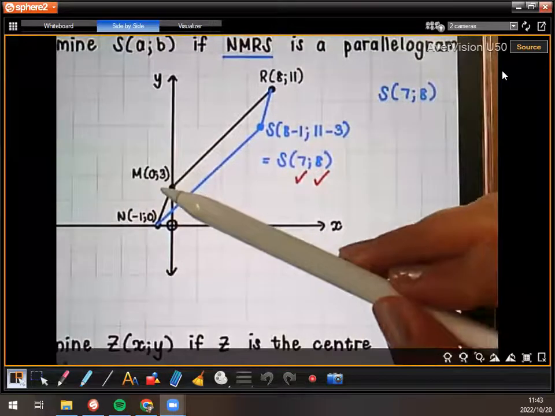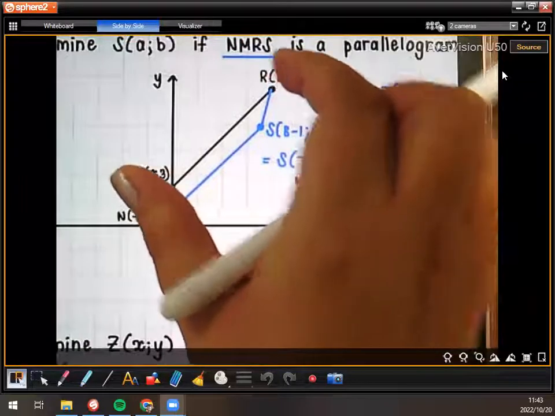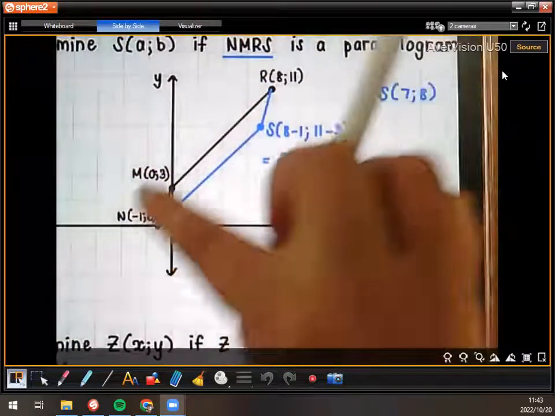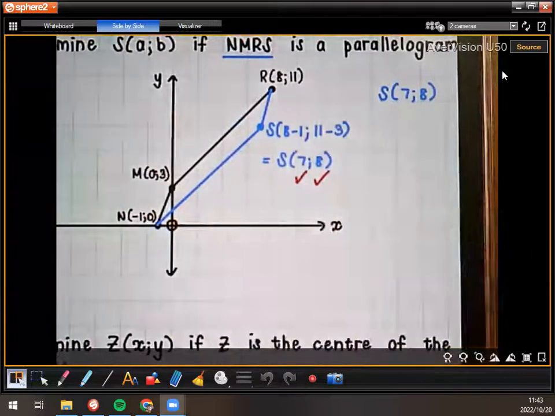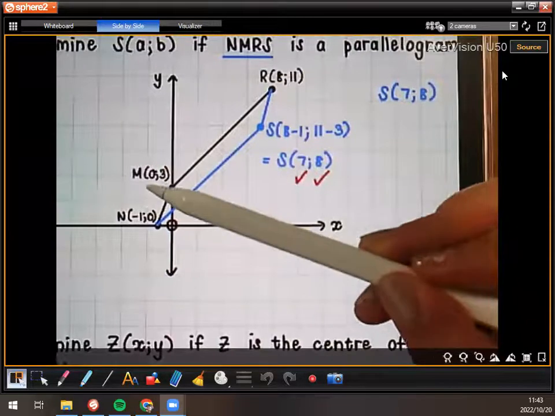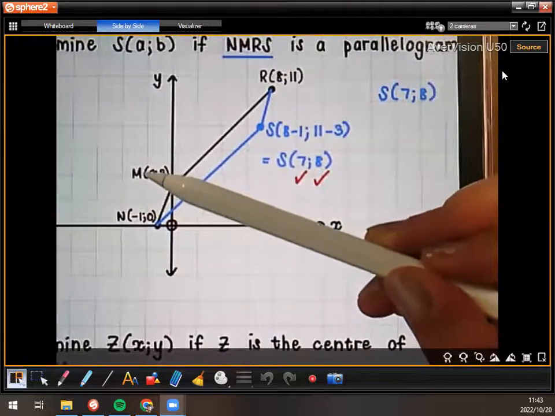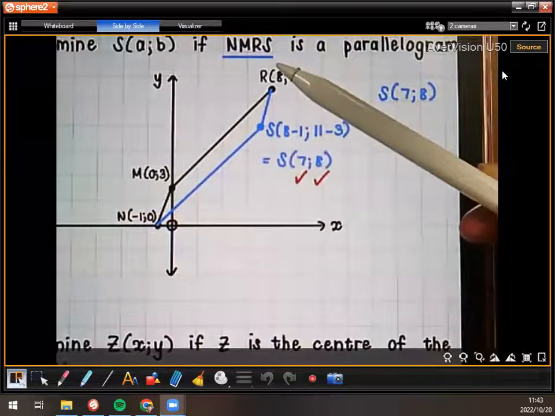Let's look at this, guys. MR, that is also a side of this parallelogram, right? So that length and that gradient has to be the same as this side, this length and this gradient. So what shift happened here from point M to point R? What happened from this x value to that x value? From 0 to 8, I added 8.